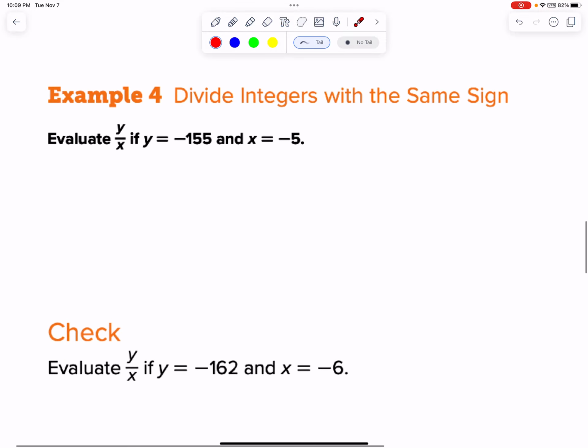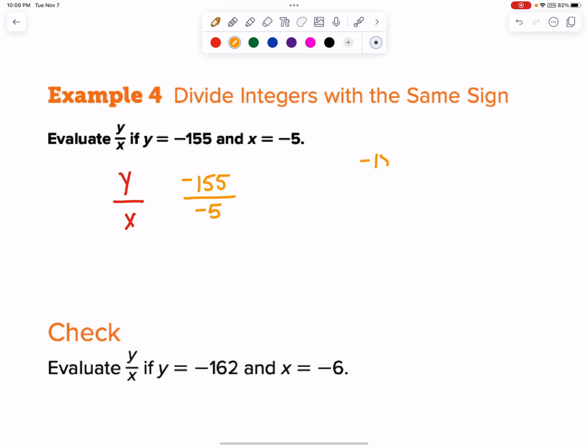All right, let's go ahead and do some substitutions and evaluate these expressions. I'm going to do a rewrite here, not with the invisible ink. So we have y divided by x. Let's go ahead and substitute that out. The y is negative 155, and the x is negative 5. So this is the same thing as writing it out like this.